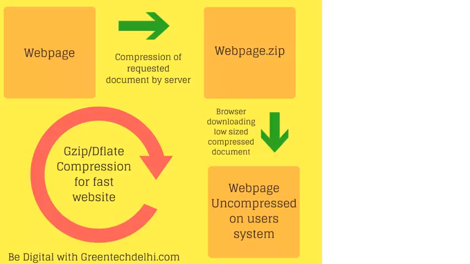Any element like CSS, JavaScript or image can be zipped by using the deflate module, and then that compressed format file is presented to the browser for download. Now, as the size of that file has decreased, the smaller file is very easy to download and will take less download time.